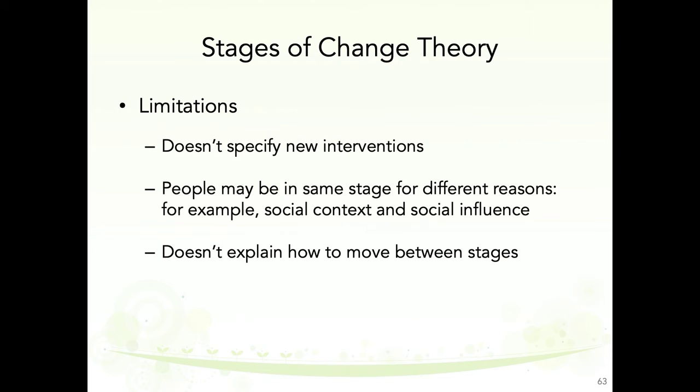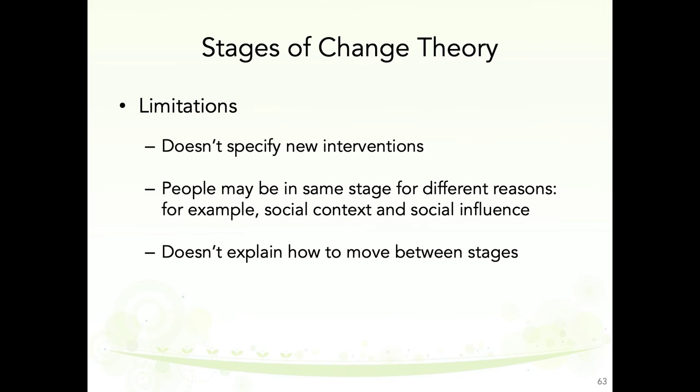Stages of change is very popular, but if you've ever tried to use it, it turns out it's a difficult theory to apply. It doesn't specify what sorts of interventions would move people from stage to stage. So it says, okay, pre-contemplation is this and contemplation is that, but it doesn't talk about the mechanisms by which people move from one stage to the other.